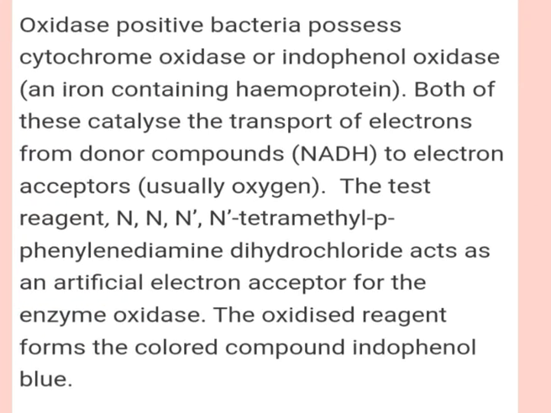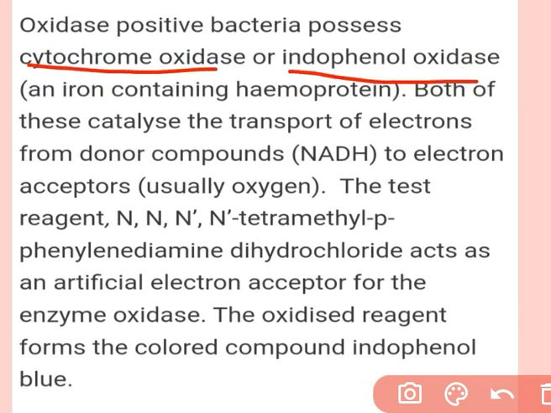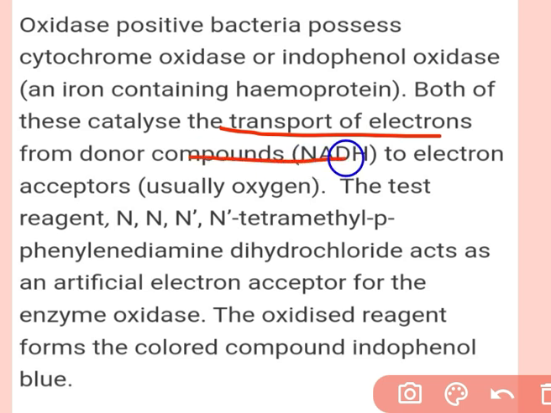The oxidase positive bacteria possess the cytochrome oxidase or indophenol oxidase. These are iron containing heme proteins. Both of these catalyzes the transport of electron from donor compound, that is NADH, to the electron acceptor, usually the oxygen, in case of aerobic respiration.